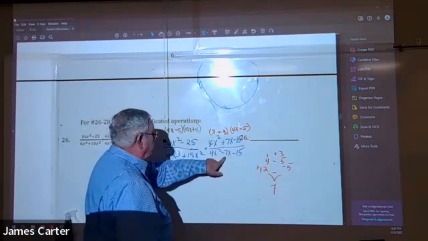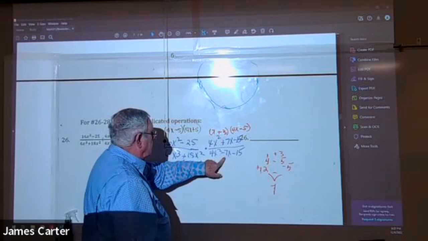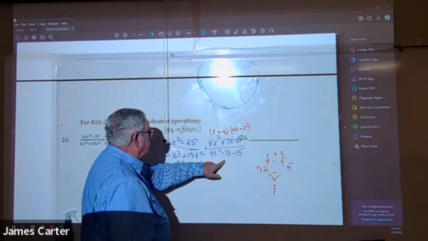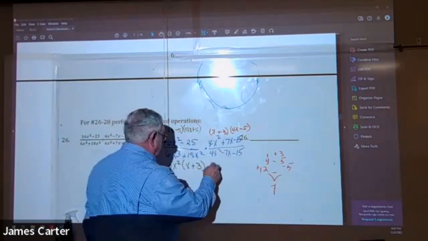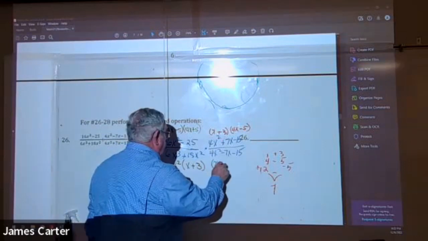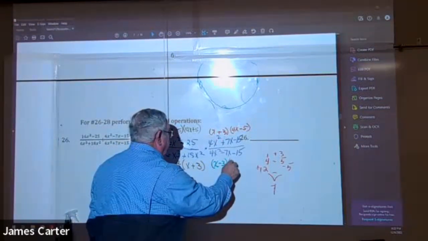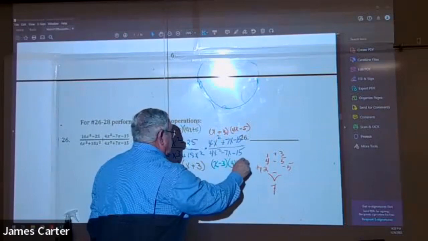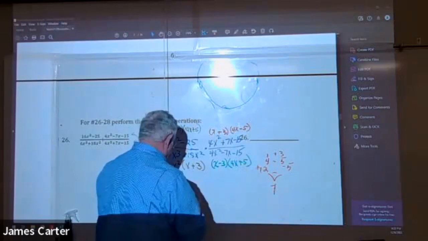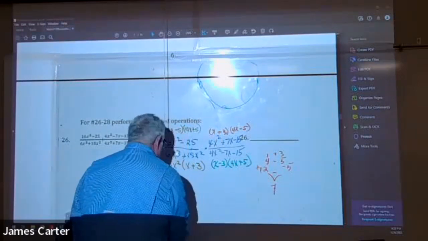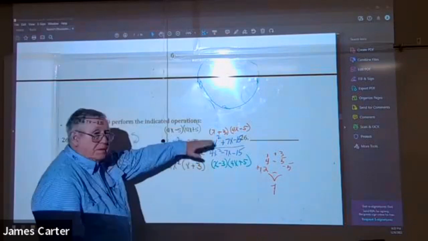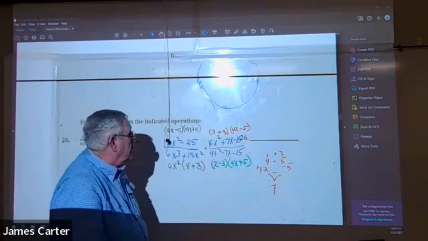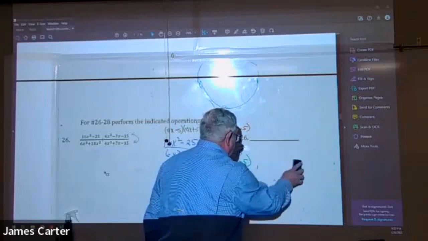The same thing, only different signs. So this is x minus 3, 4x plus 5. Now, you notice how I factored these above and below. Okay, let me get rid of this scratch paper now.